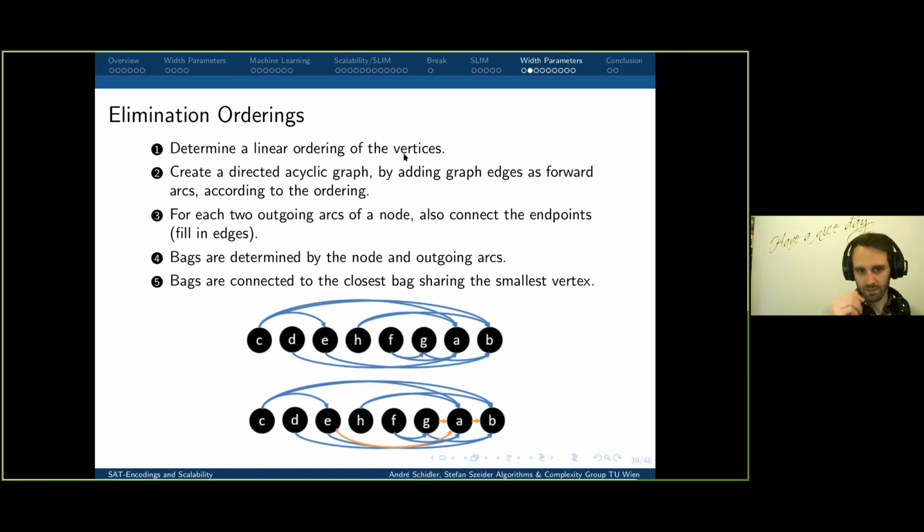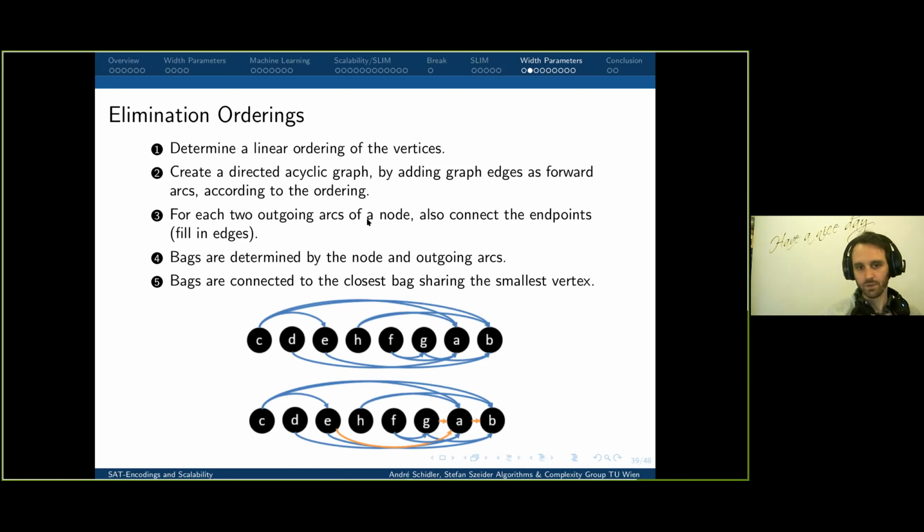So once you have this ordering, you create a directed acyclic graph, and you add all the graph edges as forward arcs. I showed this here. You draw the graph, ordered in the same way as the linear ordering says. Then you draw the edges again, but you let them point forward in the sense of the ordering.